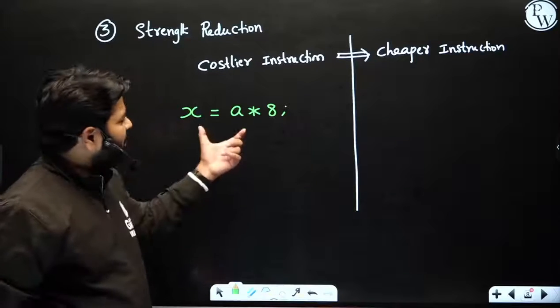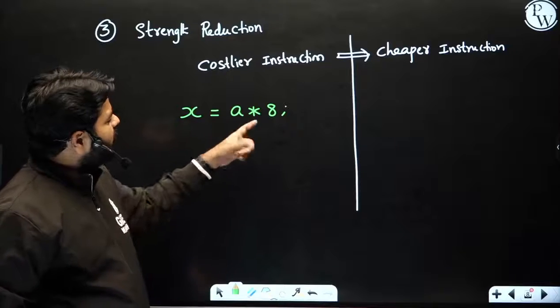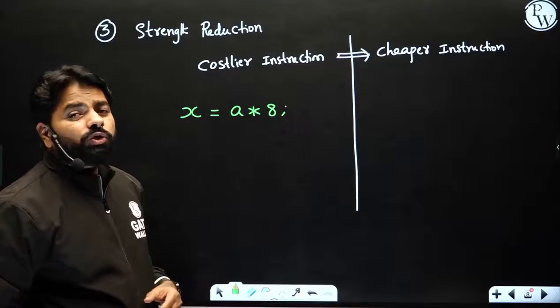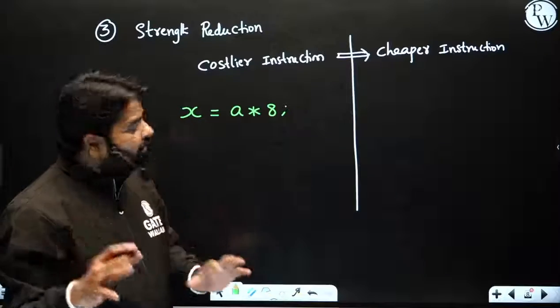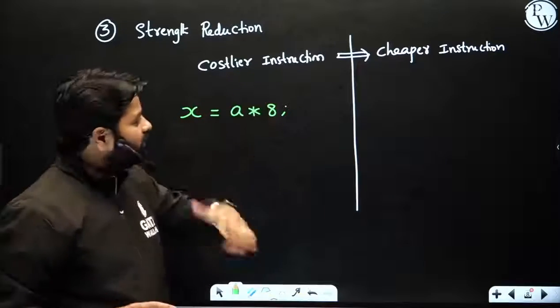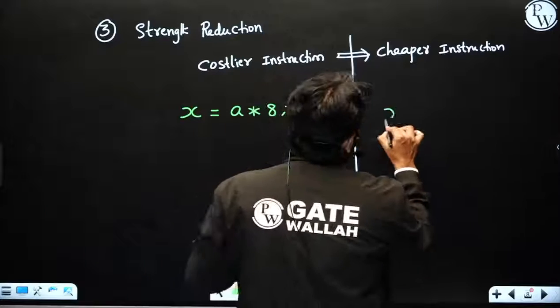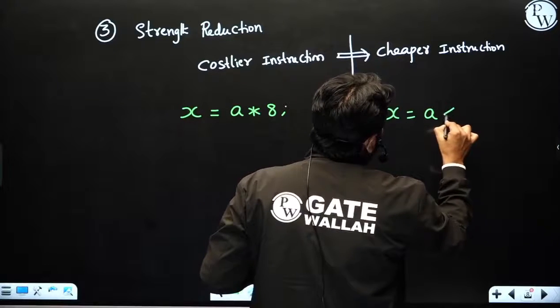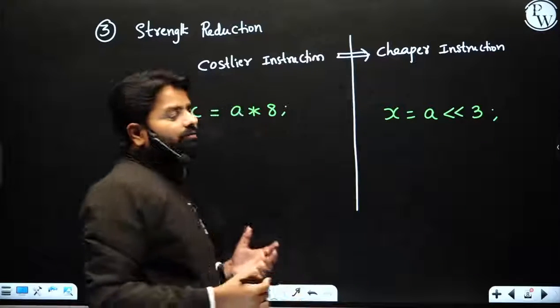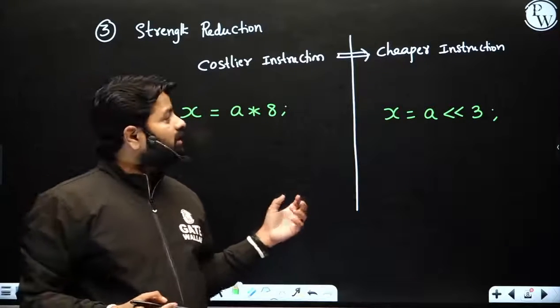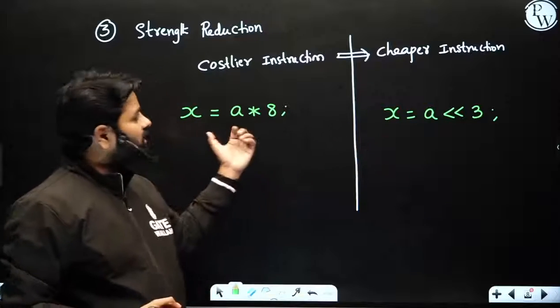So this might be replaced with a shift. How do you do this? Basically 8 means 2 power 3. When you are going at the binary level, all the things should be converted to binary. So the cheaper one is very simple: x is equal to a left shift by 3 bits. You will get the same answer. This one is the cheaper one, and the multiplication is the costlier one.